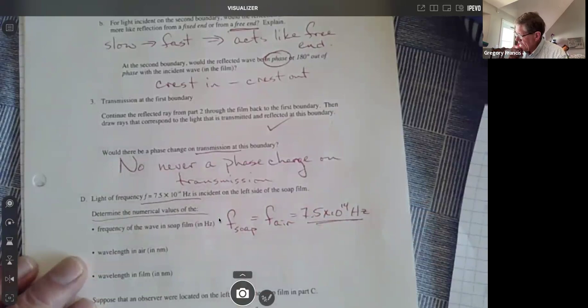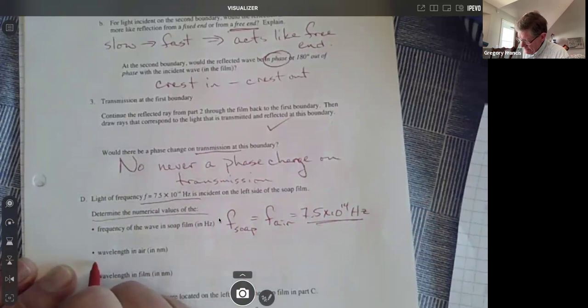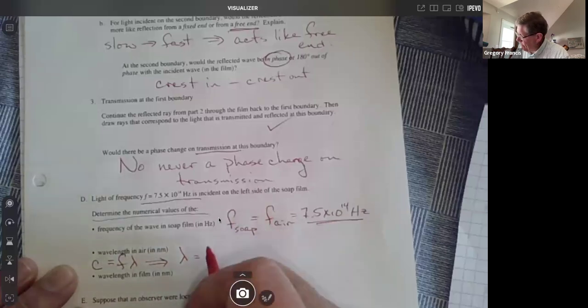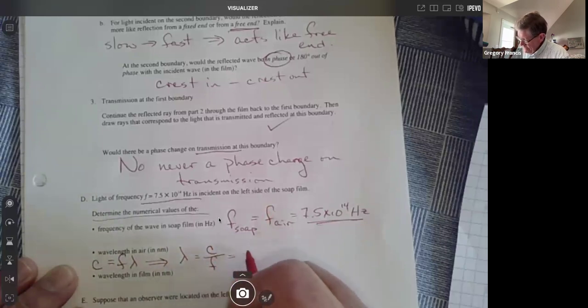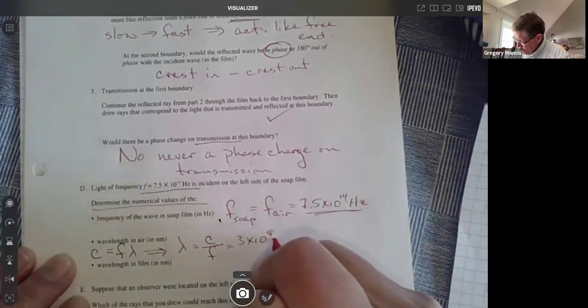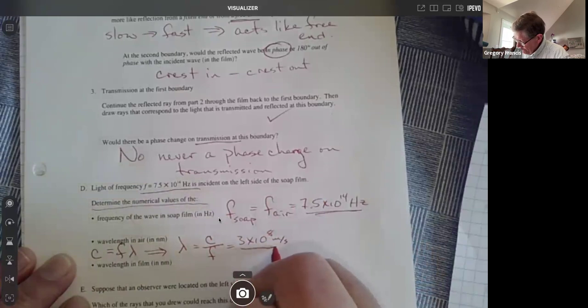Well, the wavelength in air, I can find from the wave equation, where the speed is the speed of light, and that's going to be the frequency times the wavelength. So when I'm solving for the wavelength, that's going to be equal to the speed of light divided by that frequency. The speed of light is 3 times 10 to the 8th meters per second. We're told that the frequency is 7.5 times 10 to the 14 hertz.